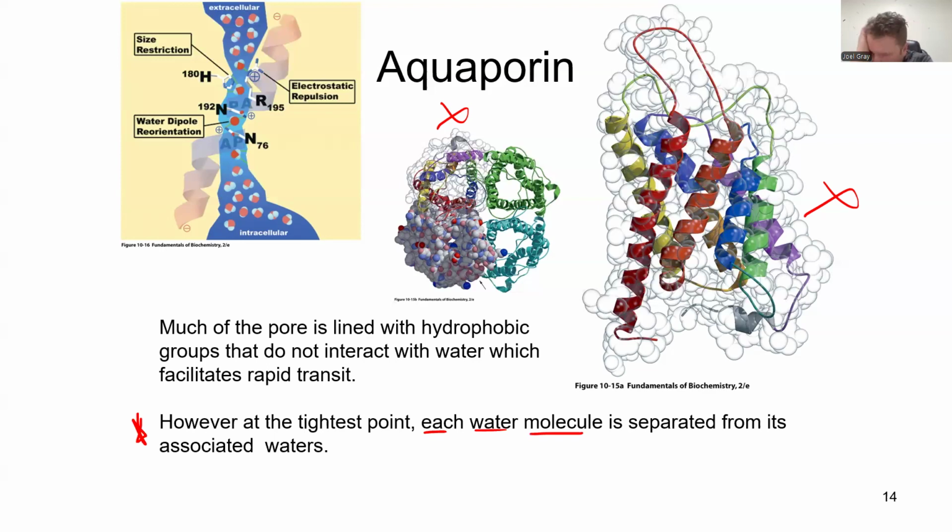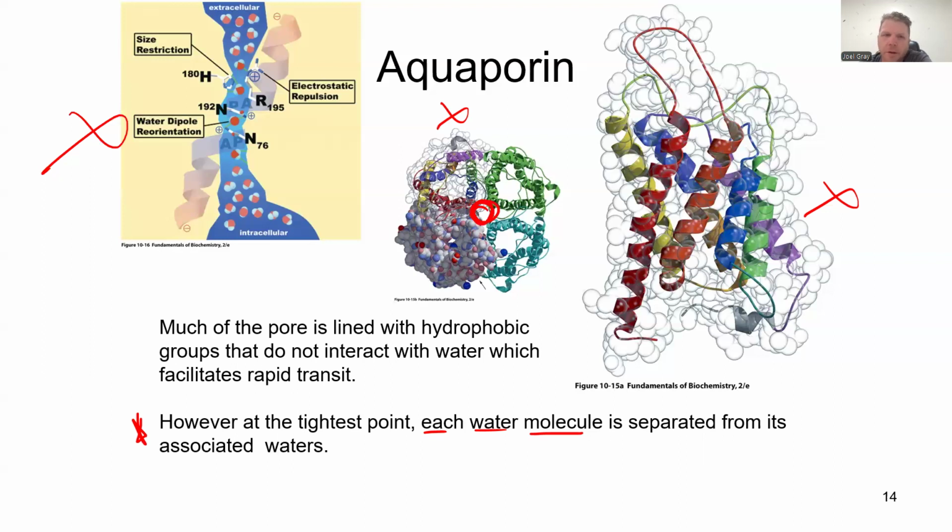But here, what we're looking at is a protein that basically makes a pore, which is what we see here and what we see right here. And that pore is so small that one water molecule at a time is forced through here.